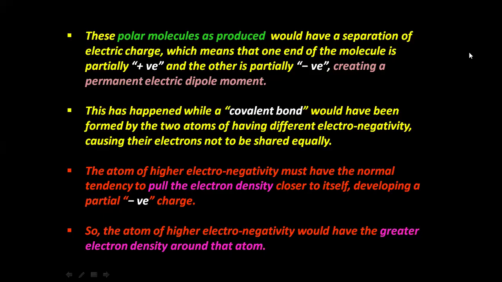The atom of higher electronegativity has the normal tendency to pull the electron density closer to itself, developing a partial negative charge. So, the atom of higher electronegativity has the greater electron density around it.